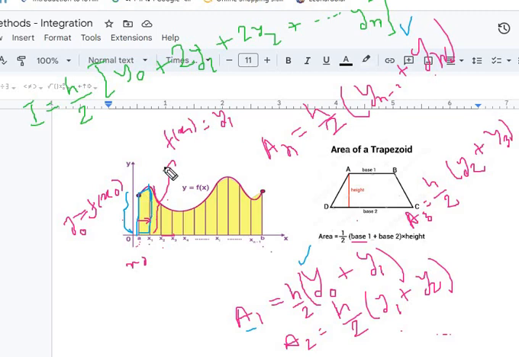So if the function is given, you can find the discrete values. You can find the values for x0, x1, x2, x3 up to xn. Get the values, add all those things, and multiply with h by 2. You need to know the value of h by 2. This will give you the integration. Just check that one.